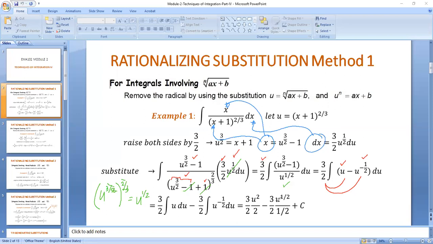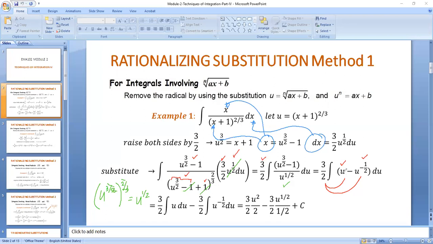Okay, take it. What you do is you distribute this u raised to 1 half as a divisor to these terms that you have in the numerator. Like u raised to 3 halves divided by u raised to 1 half. By rules of exponents, you're going to subtract the exponents. So 3 halves minus 1 half is 1.